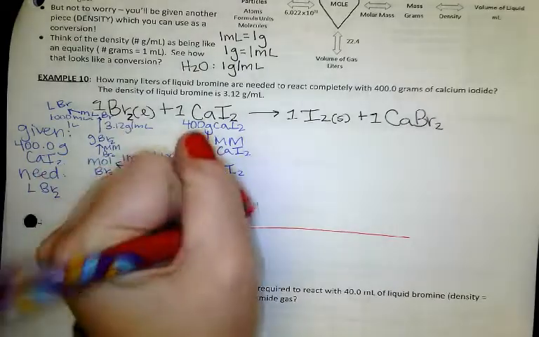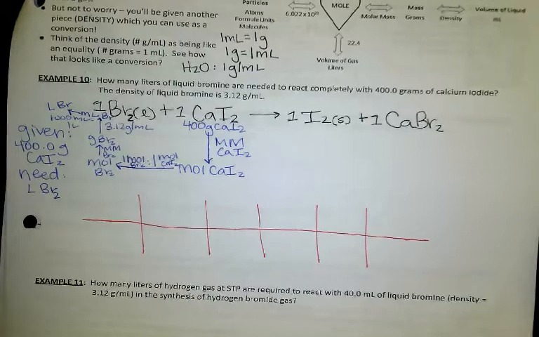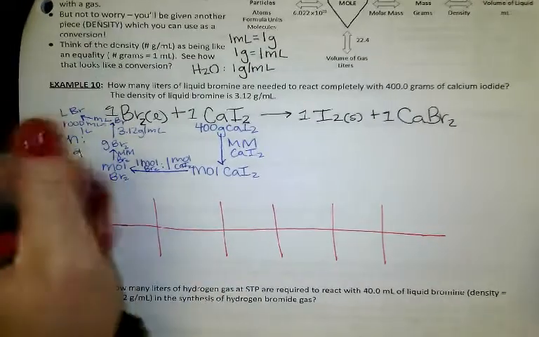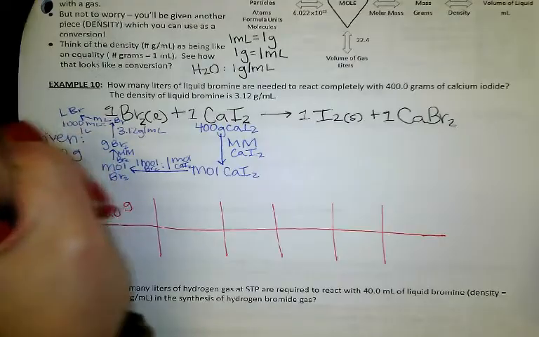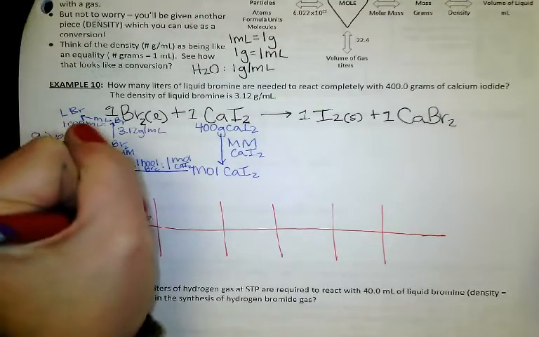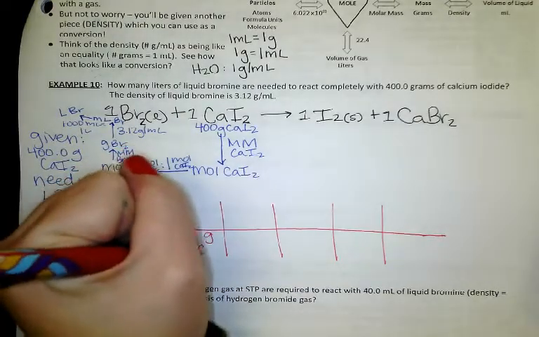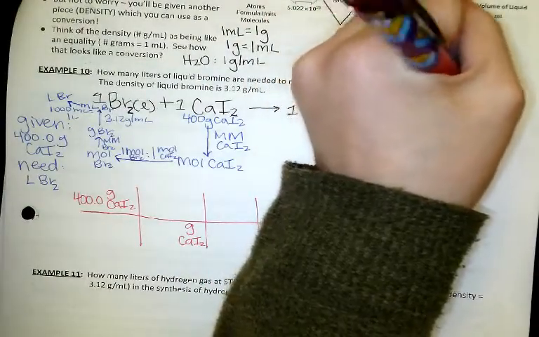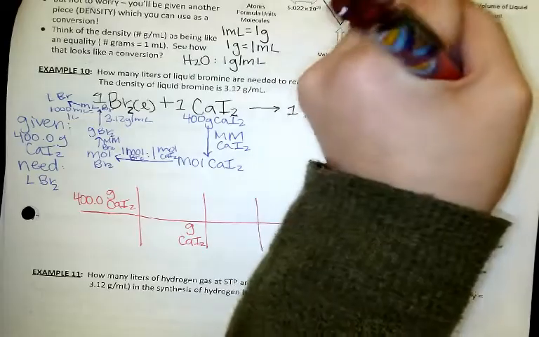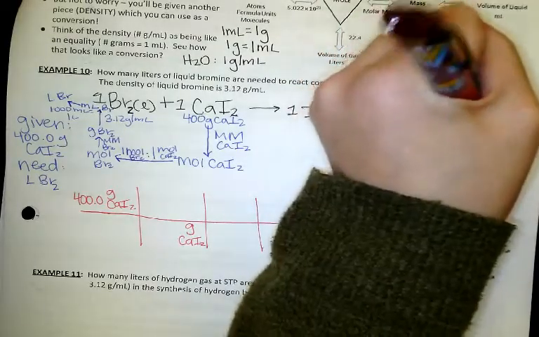Have it extended a little bit. Okay? So we're starting with 400 grams of calcium iodide. So on the bottom is going to be grams of calcium iodide. So we've got to calculate the molar mass. I'm going to go over here. Calculate the molar mass of calcium iodide. Calcium's mass is 40.08 plus 2 times iodine's, which is 126.91.